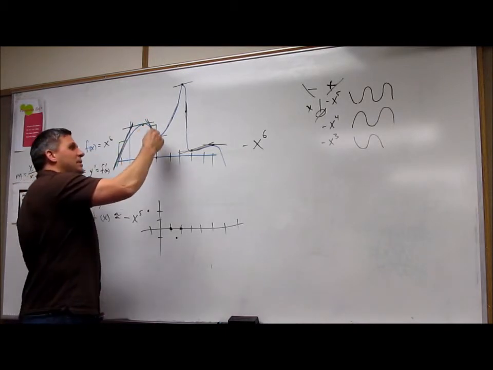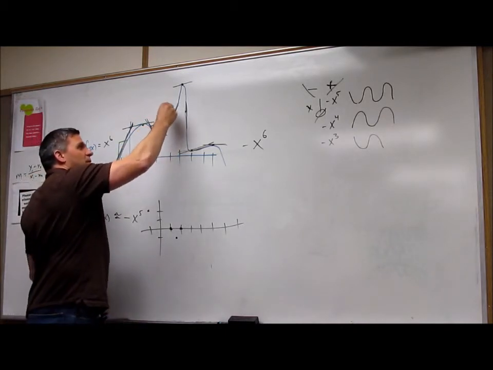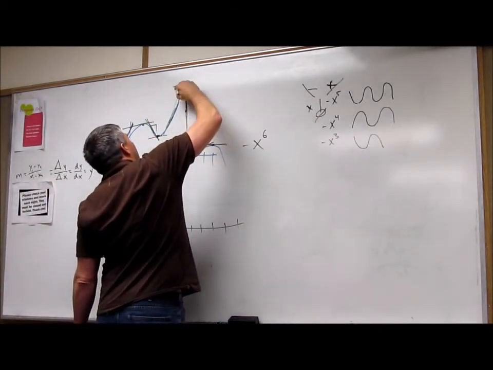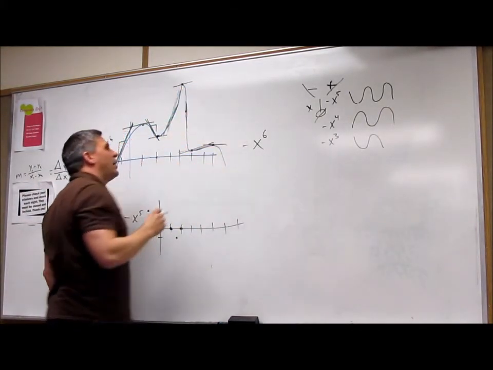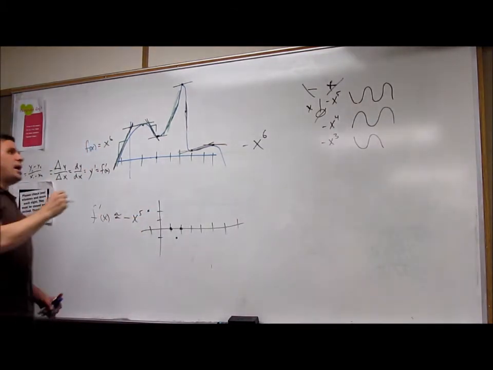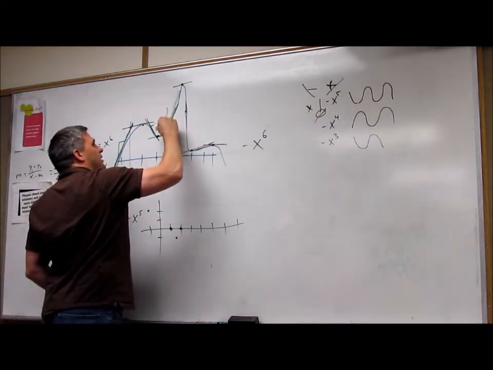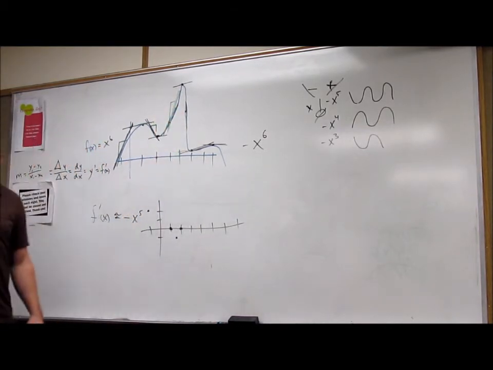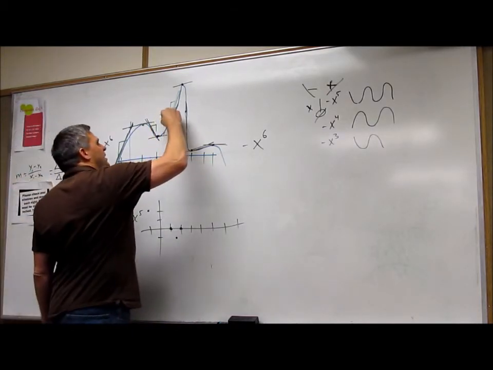And now it's becoming positive. Now, you might want to take 2 slopes and look at how positive it's becoming. It's all relative, because this isn't an exact problem. You're just getting a guesstimation for what's going on.